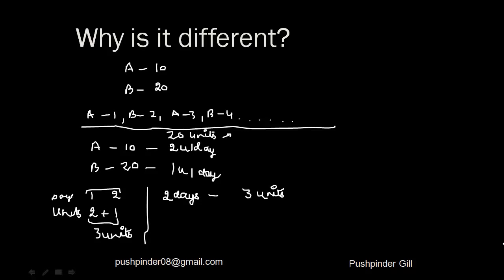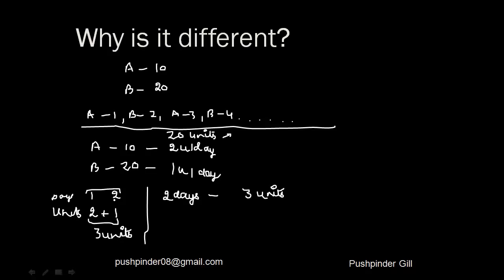Why? Because every day has a different value. In every odd number day, 2 units will be finished, and every even number day 1 unit will be finished. That means the number of units that they're finishing every day is not consistent. It is changing. That means that I cannot completely rely on the unitary method to give me the answer.